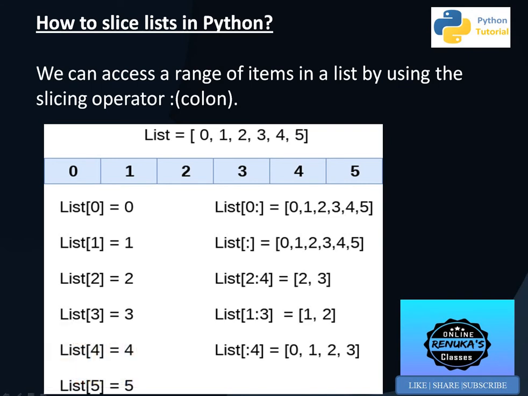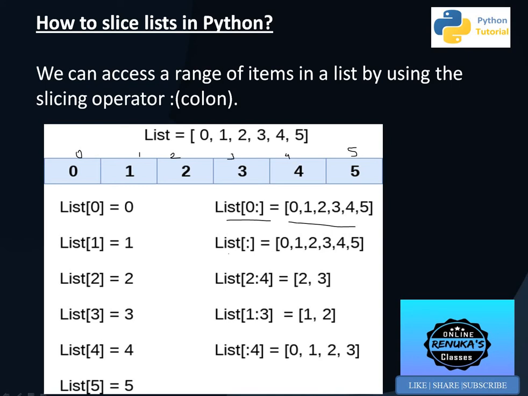Now suppose I say list[0:], meaning starting from index 0 but the ending index is not mentioned. In that case the whole list will be printed. So this is 1, this is index 2, this is 3 4 5.